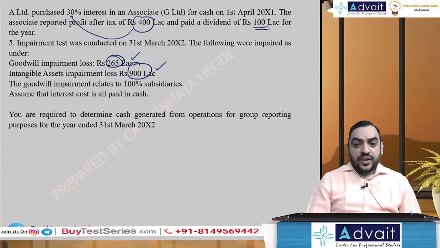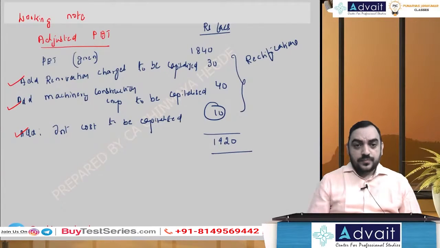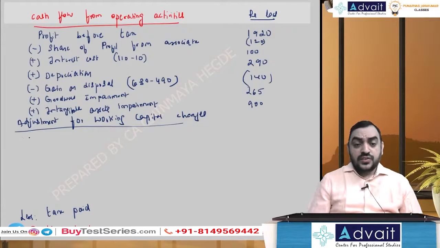Okay, so what we are going to do is this. Working capital changes, inventory decrease, right? So decrease, it's going to be added. Decrease in inventory. So how do we calculate the decrease in inventory? Normally we calculate closing balance minus opening balance, right?